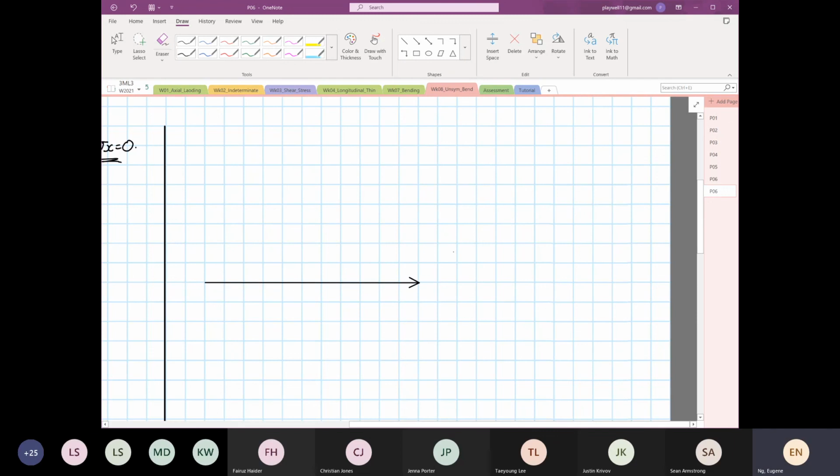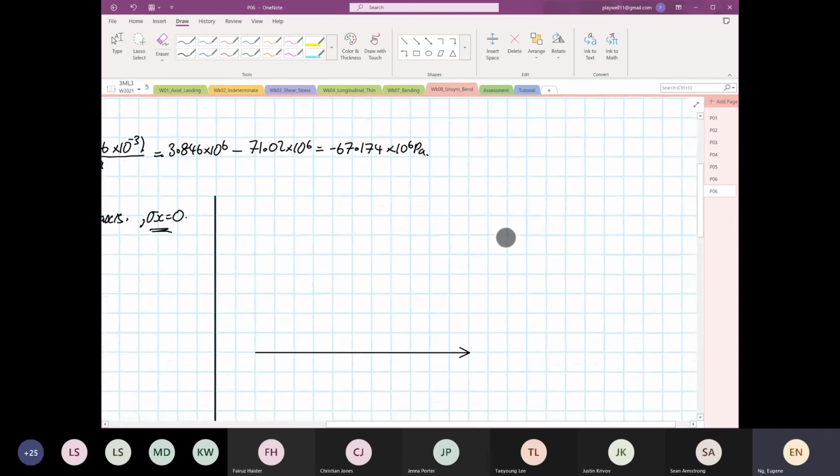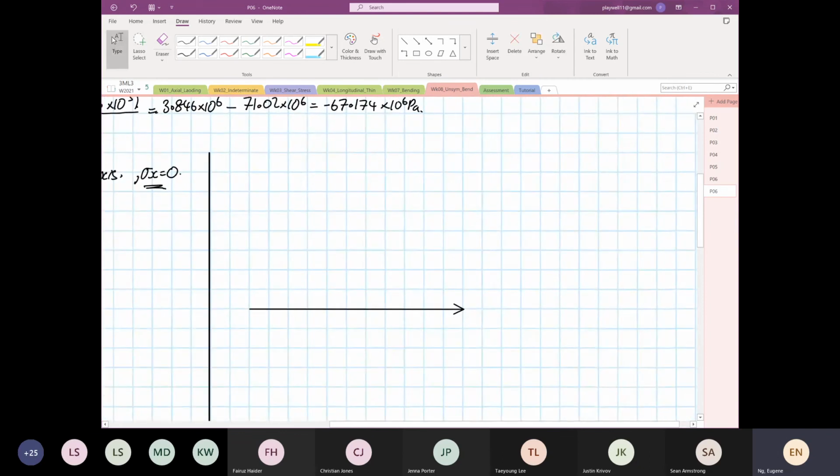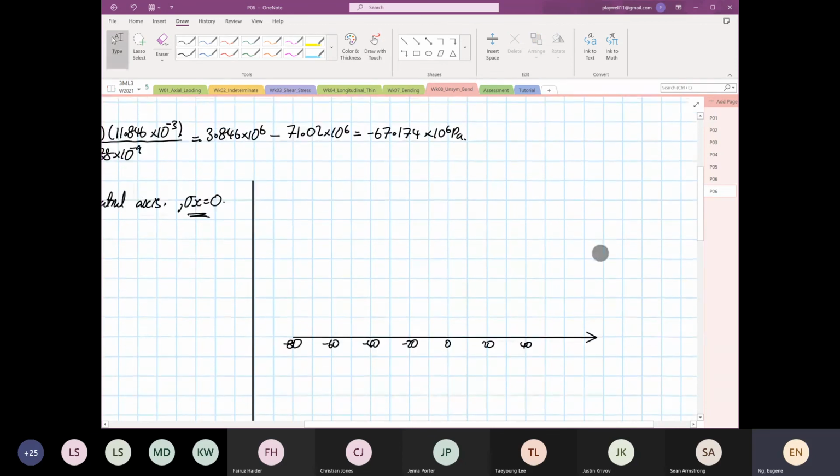So the stresses: I'm going to draw minus 80, minus 60, minus 40, minus 20, 0, then 20, 40, and the tensile side, I can start at 60.